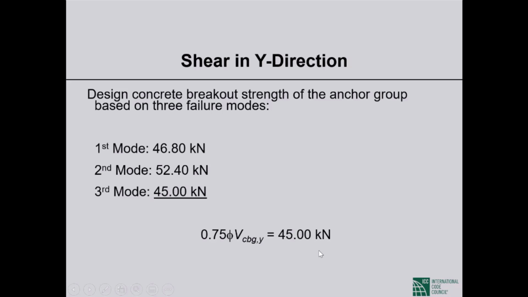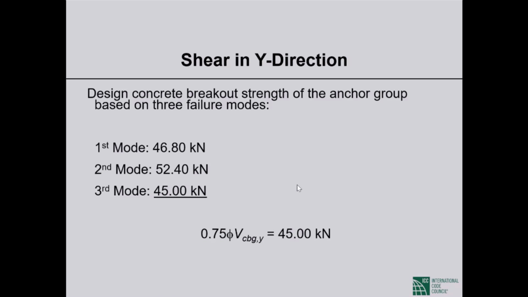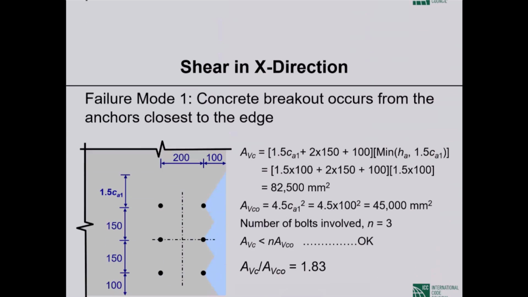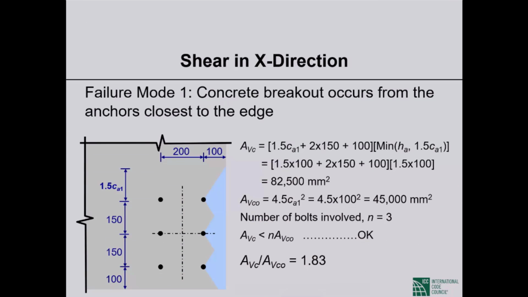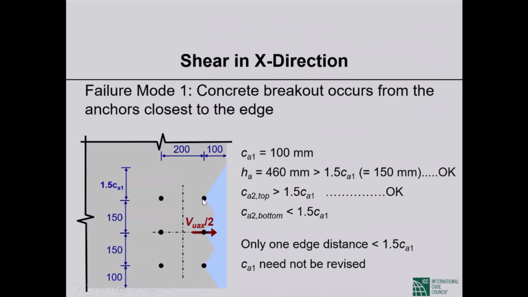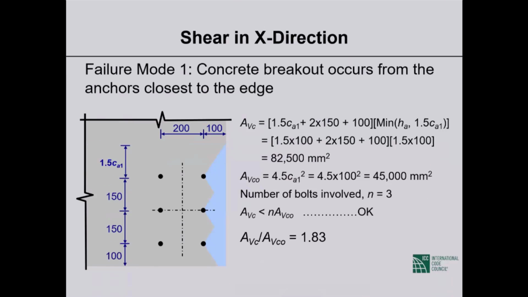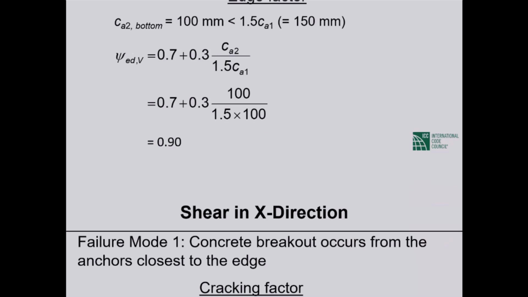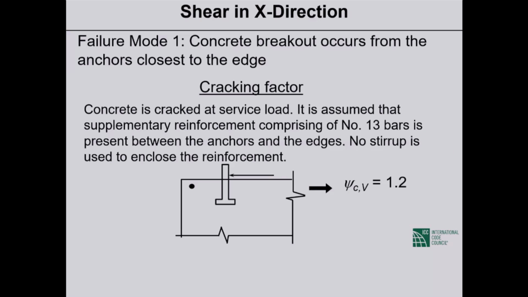X direction shear, we have two possible failure modes. The three anchors to the right breaking out or the three anchors to the left breaking out. Okay. Skipping all the calculations, going to the bottom line, this is concentric shear, no eccentricity correction.